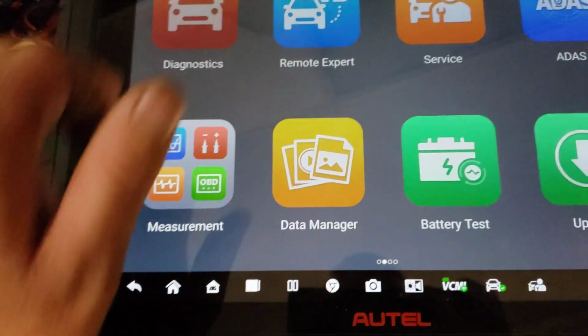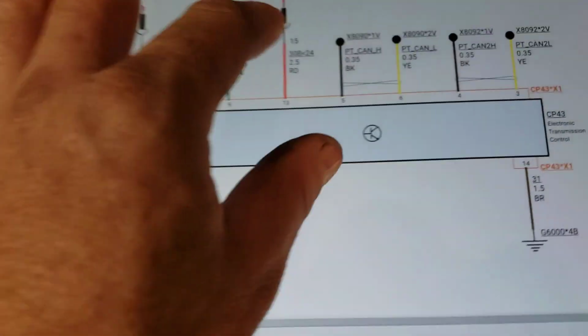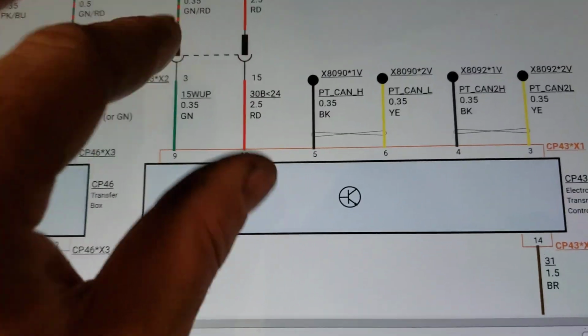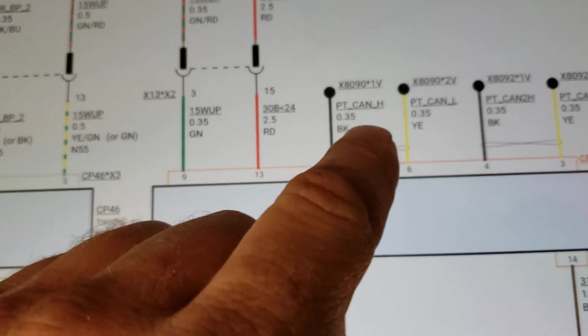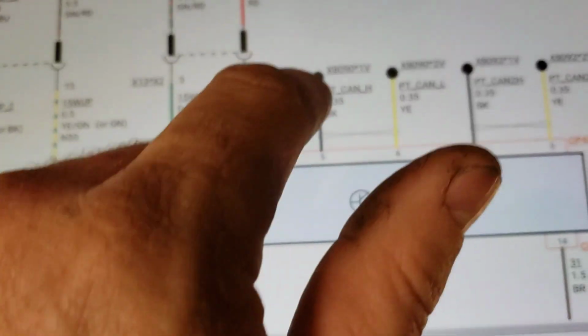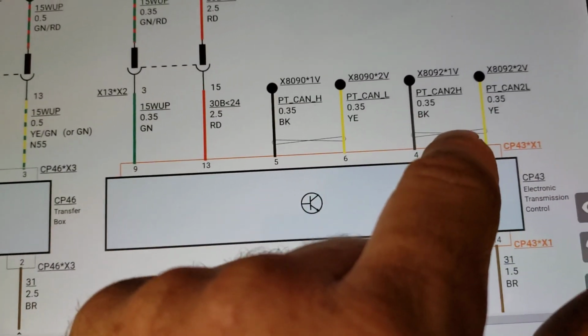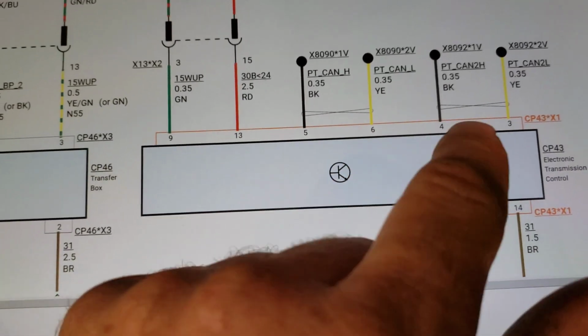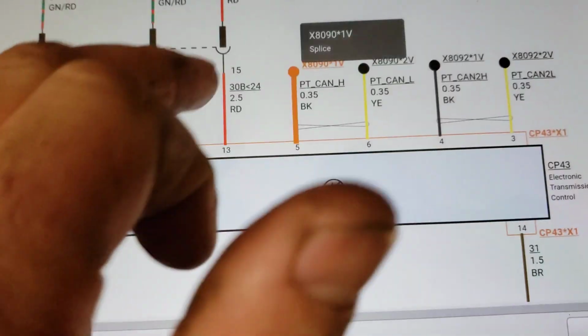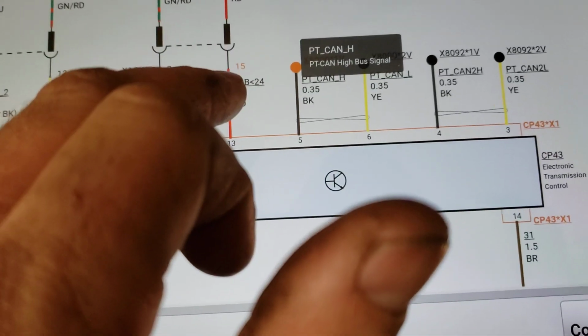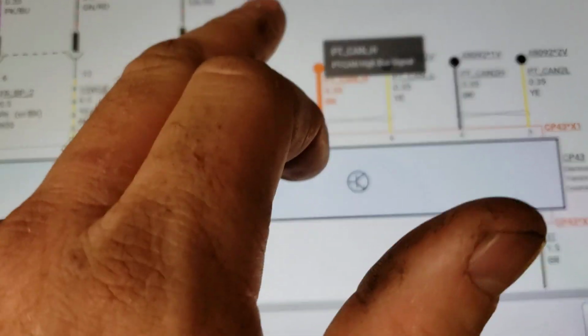Okay. Now I want to check PT CAN high and low, pins 5 and 6. They're a twisted pair. And then PT CAN 2 high and low, pins 4 and 3. That's a splice. Okay, so it's just a bus signal.